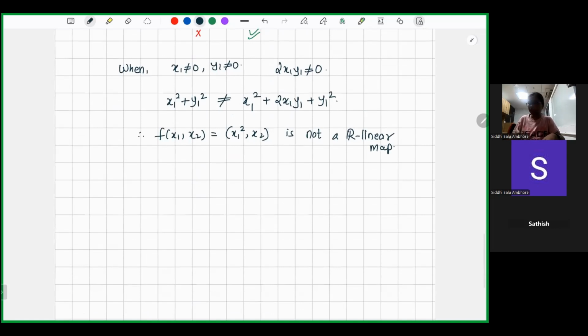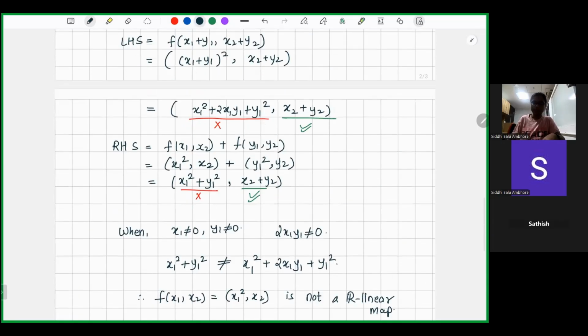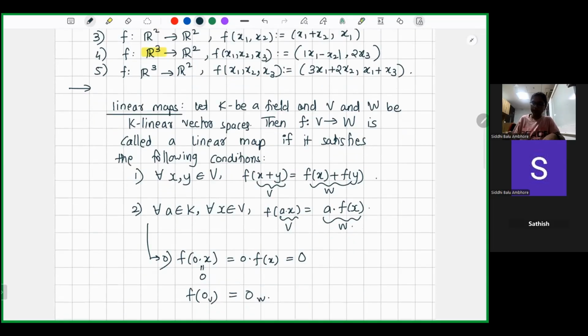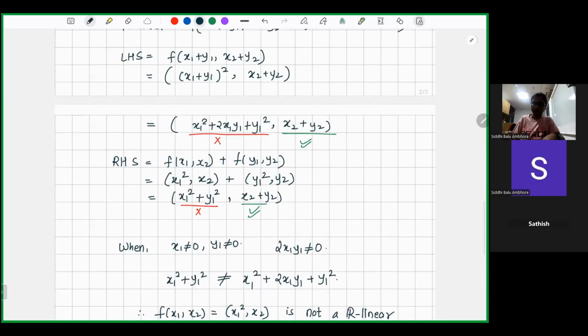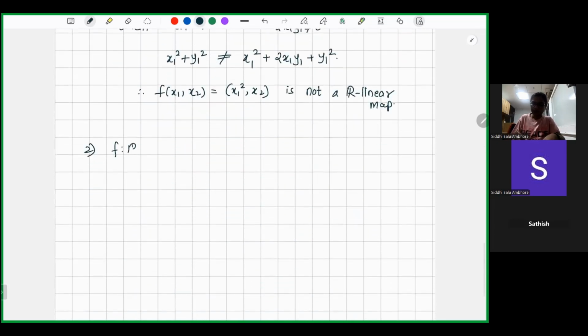Now the second map which we need to check is (x1, x2) going to (x1 plus 1, 0). So again f is from R2 to R2, and f of (x1, x2) is defined as (x1 plus 1, 0).